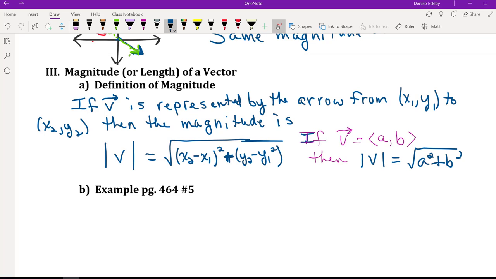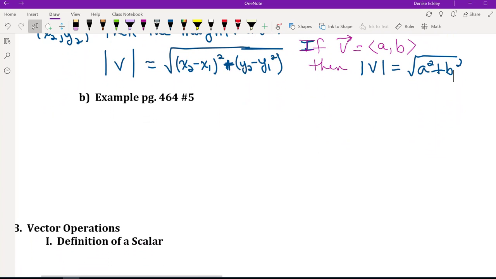So now what you're really looking at is the Pythagorean theorem, which is where the distance formula comes from.